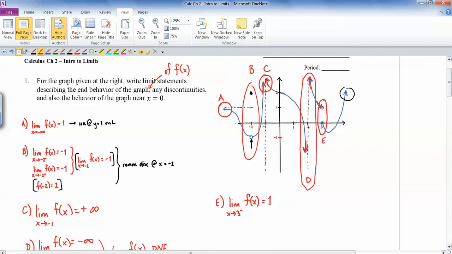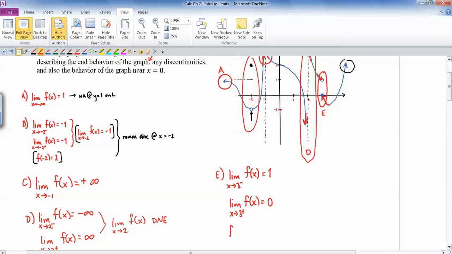That's the value that we approach there. The limit on the right side of 3, coming at it from this side, we get close to 0. And notice I didn't actually care what happened at 3. If I cared about what happened at 3, then I'd ask, what's f of 3? And that also happens to be 0.